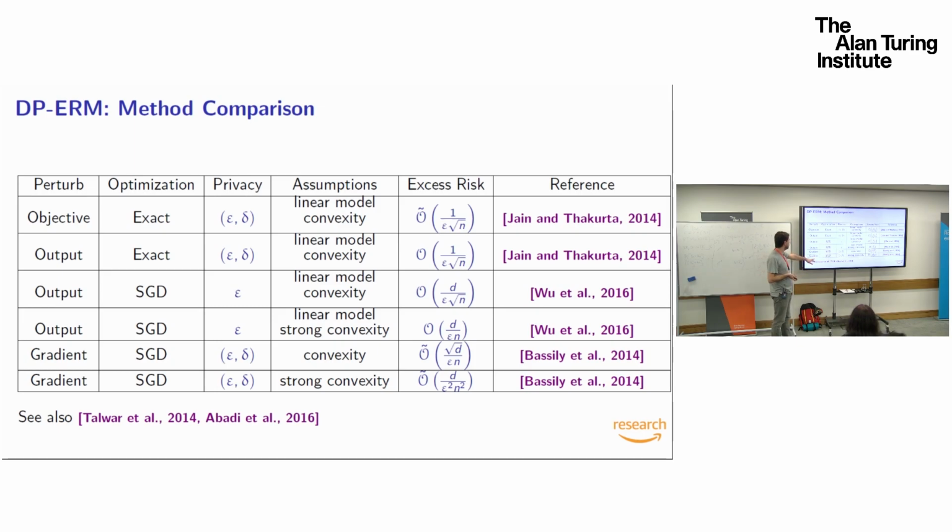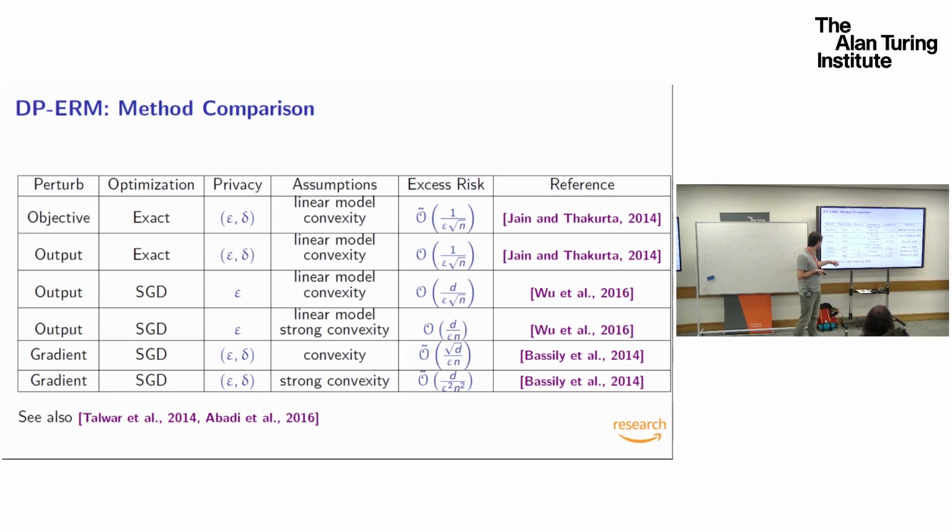And there's further results in the literature. So Abadi et al. give like an SGD that is differentially private for deep learning. I'm not including it here because the optimization is non-convex, so you cannot quantify the excess risk. And the Talwar et al. paper gives like more detailed excess risk bounds when you have like extra assumptions on the geometry of your parameter space.